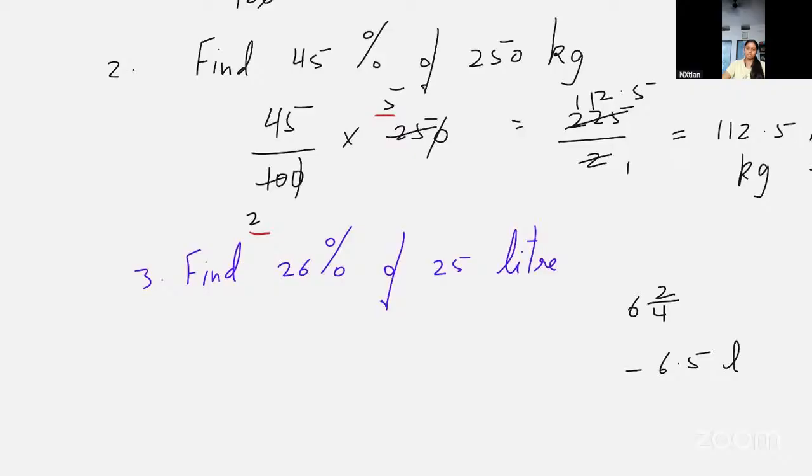Ma'am, how do you get it into decimal? You just divide and get it in decimal. By dividing only, you get 0.5.